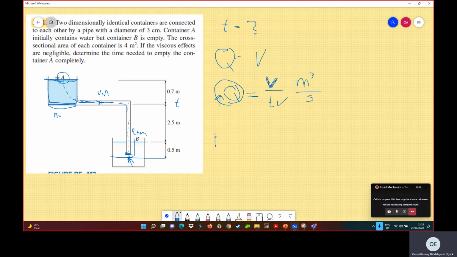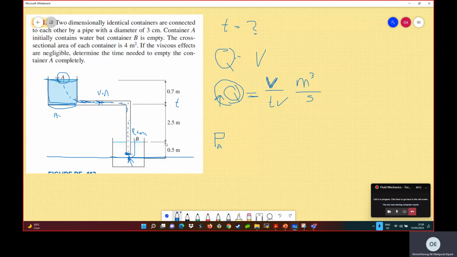So you have PA, the atmospheric pressure at A, and you have no fluid motion here at the free surface. And the elevation, assume this is our datum or our reference.